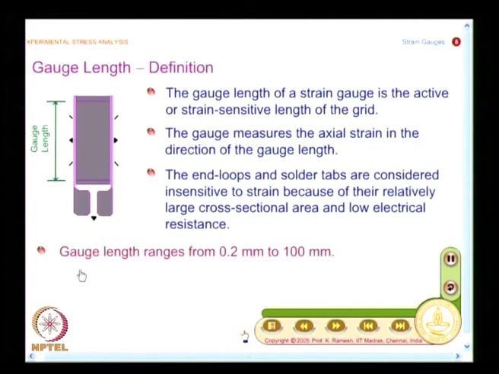And another aspect is, what is the range of gauge lengths? It ranges from 0.2 millimeter to 100 millimeter. So, you can't simply jump and say I will always go and use a 0.2 millimeter strain gauge. Unless it is warranted, you should not go for such sophisticated strain gauges, because we have already seen you need 100 millimeter for you to develop 100 ohms in normal resistance wires.